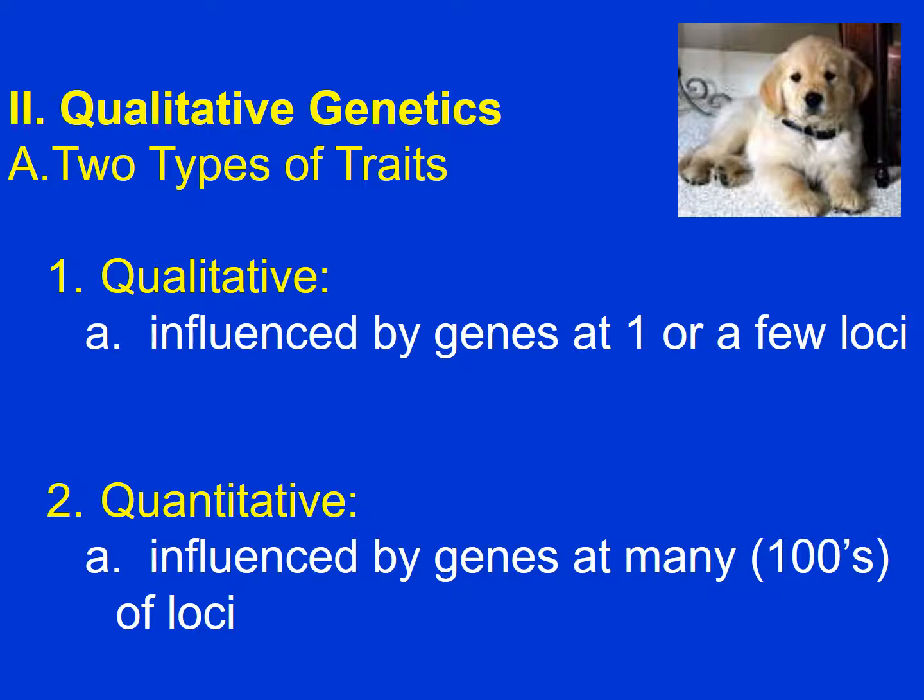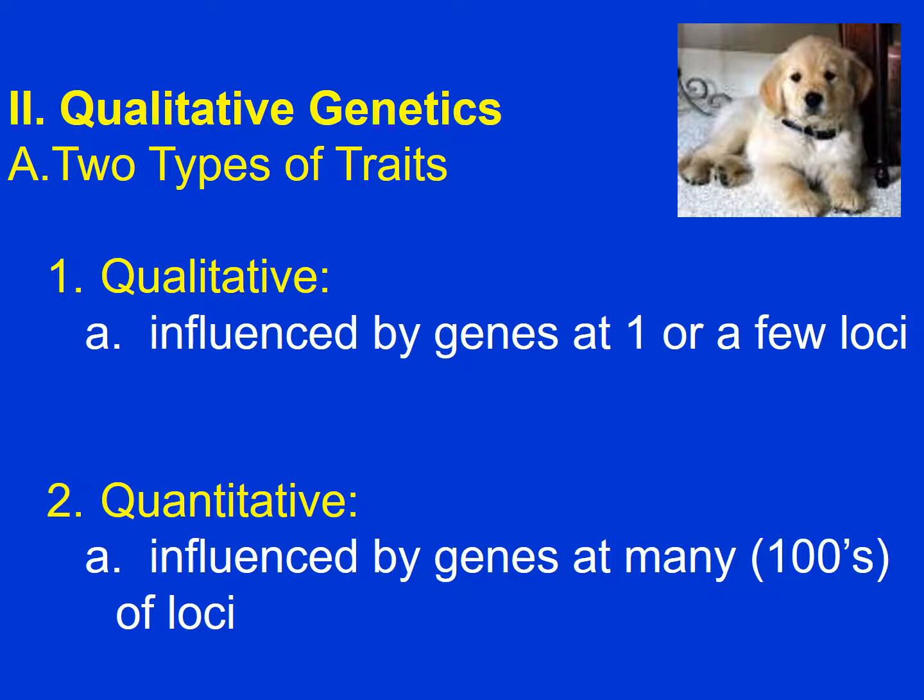So the first thing we might look at is how many genes, or genes at how many loci may influence the trait. For qualitative traits, the expression is usually influenced by just genes at one loci or two or three loci. Whereas quantitative traits are generally influenced by genes at hundreds of different loci.